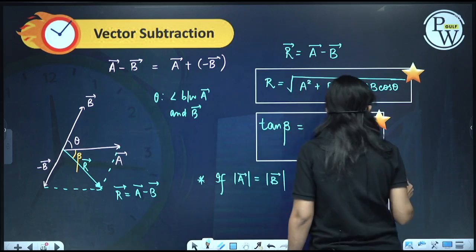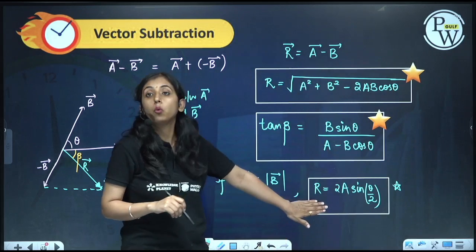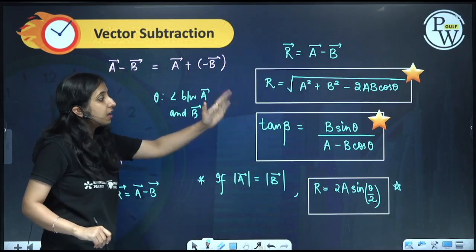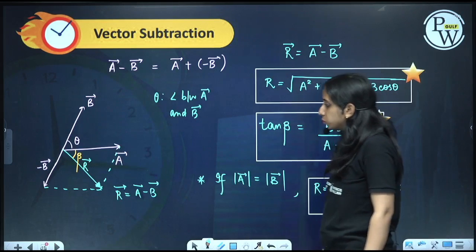So this is my formula if A and B are equal. This is valid only if A and B are equal. These others are valid everywhere. Okay. So this is all about vector subtraction.